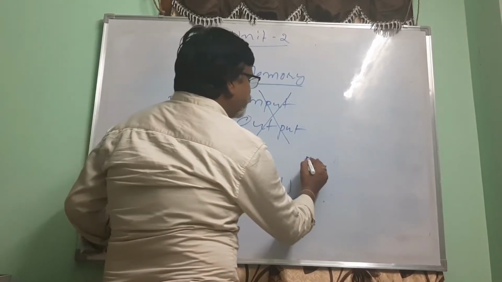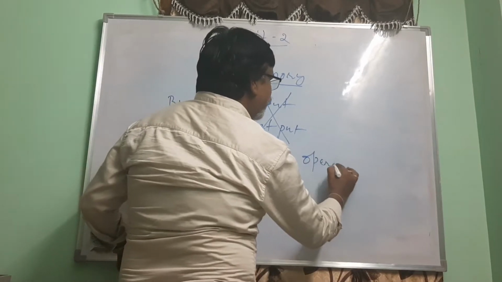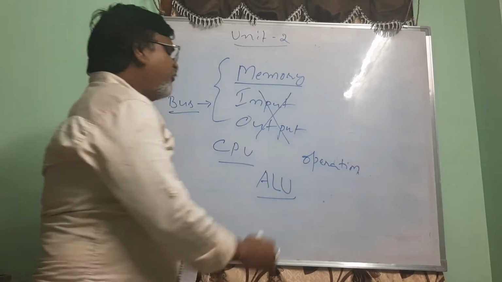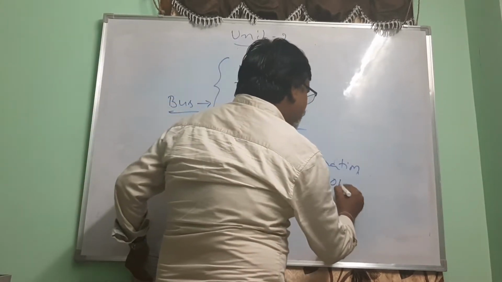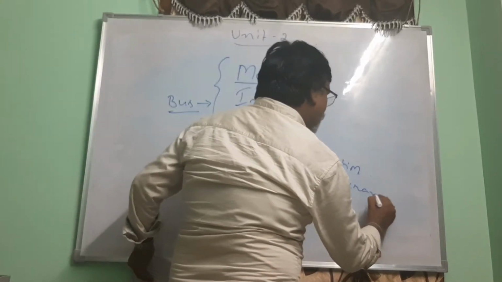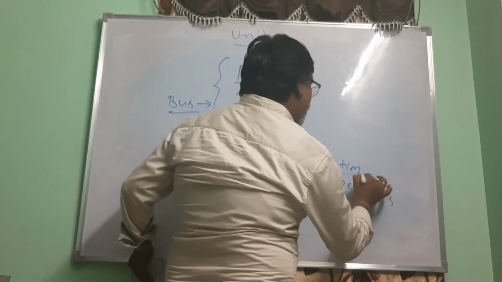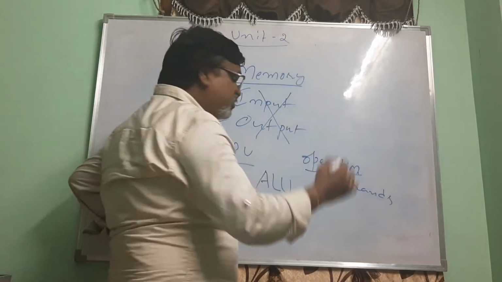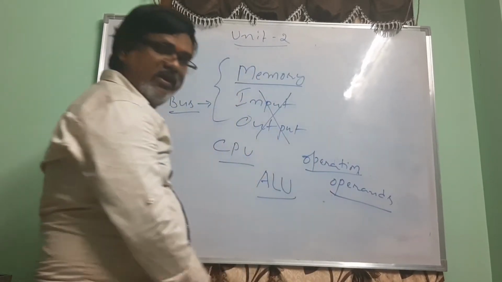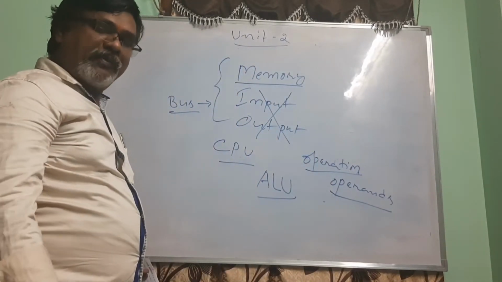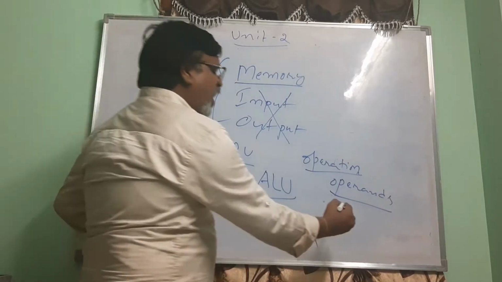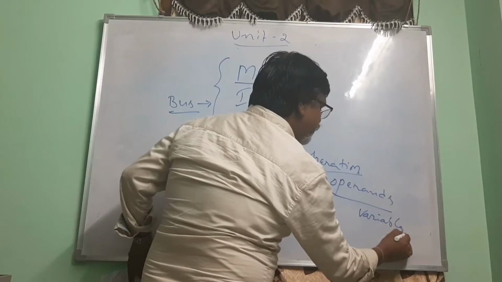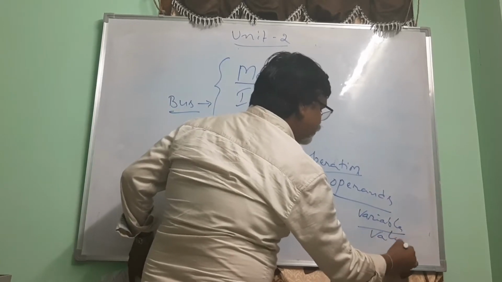Whenever you want to perform an operation, definitely we need some variables. In our terms, they are called operands. An operation is executed on what? On operands. Here what are the operands? The operands are variables that contain some values.